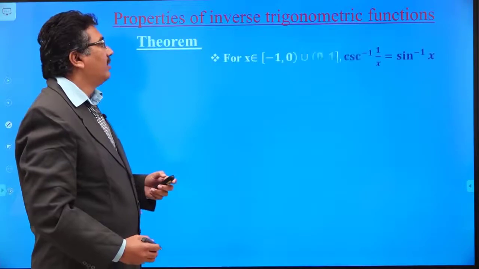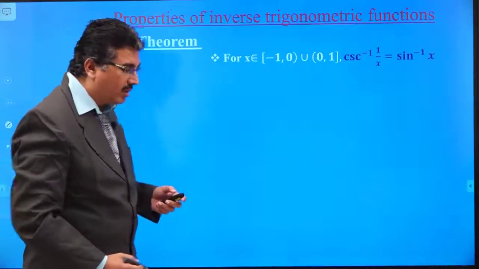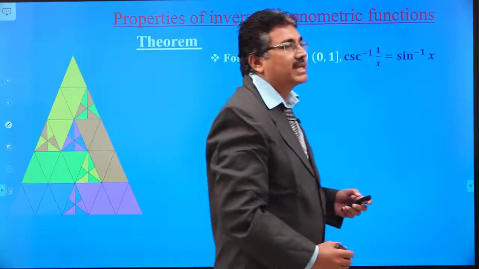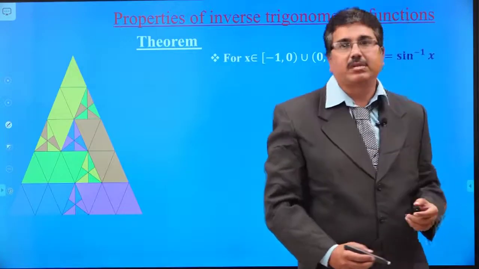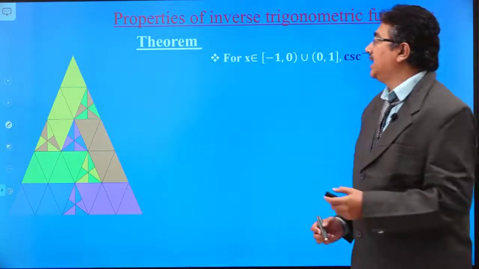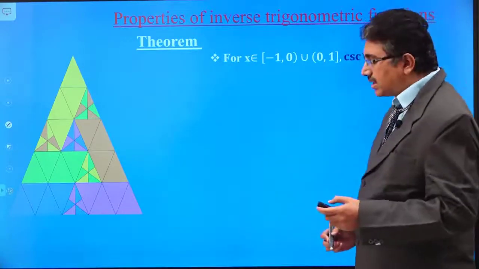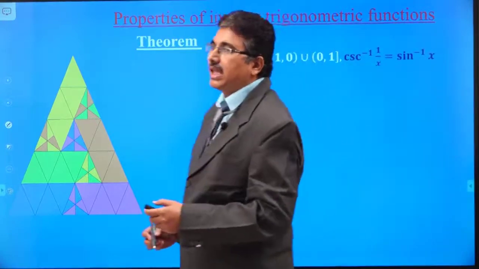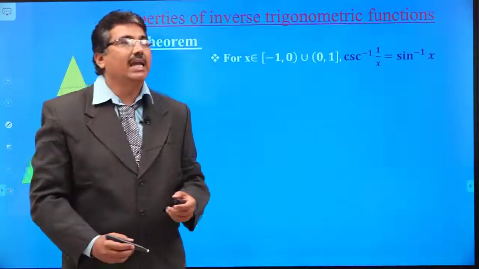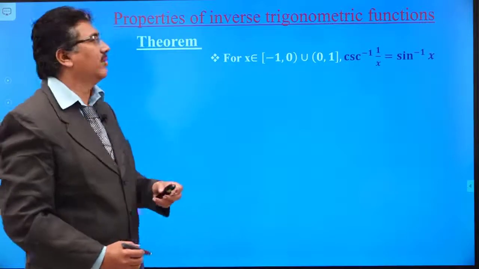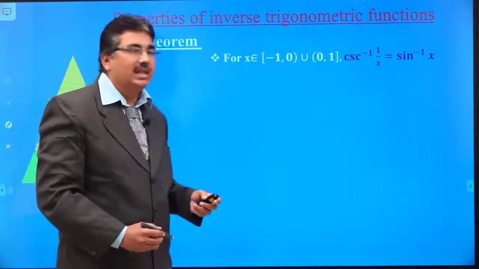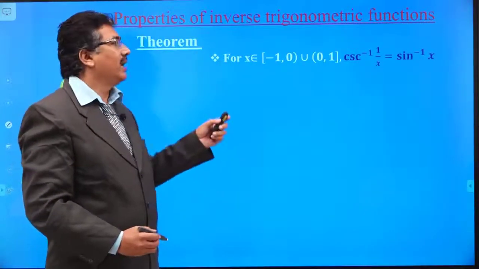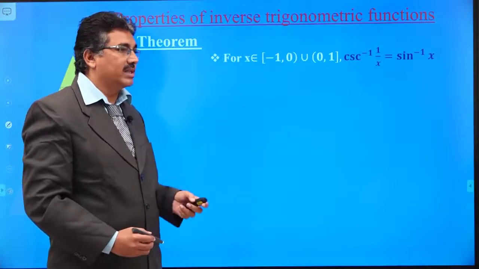See a theorem for x belonging to closed interval minus 1 comma 1 except 0. This theorem shows what is the relation between sine inverse and cosecant inverse.